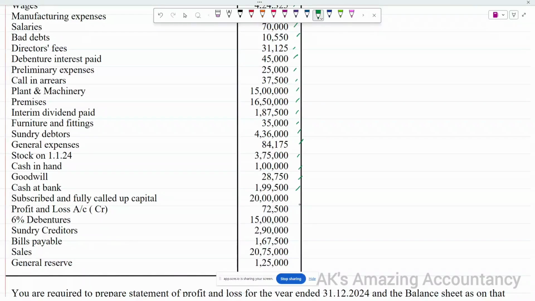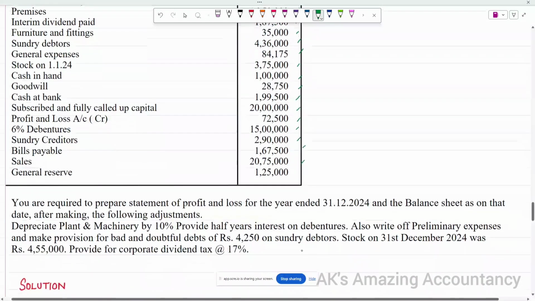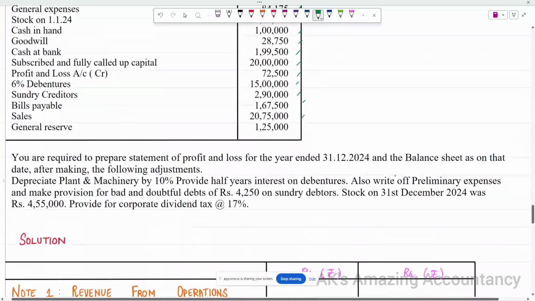Subscribed and fully called up capital 20 lakhs. Profit and loss account credit 72,500. 6% debentures 15 lakhs. Sundry creditors 2,90,000. Bills payable 1,67,500. Sales 20,75,000. General reserve 1,25,000.